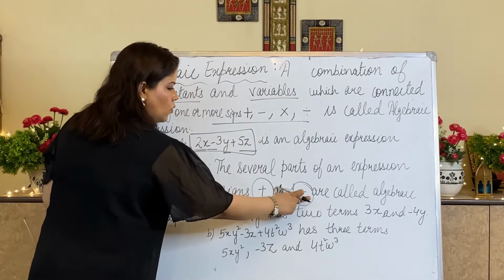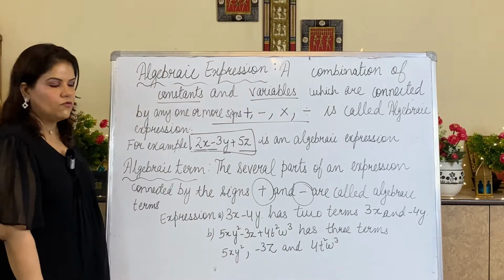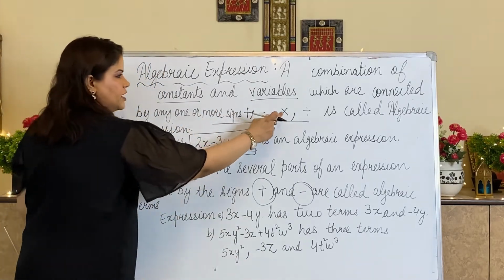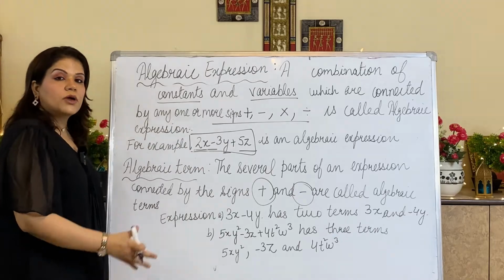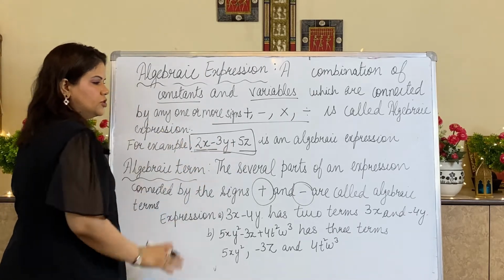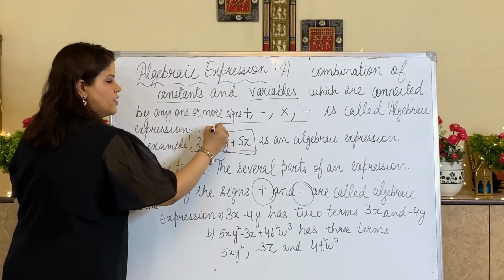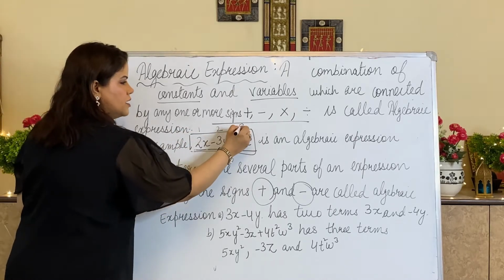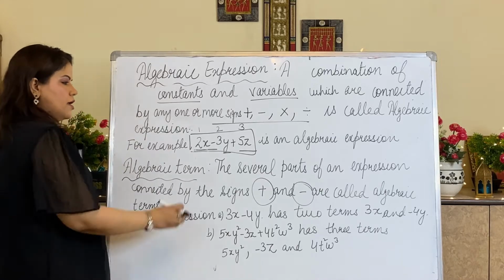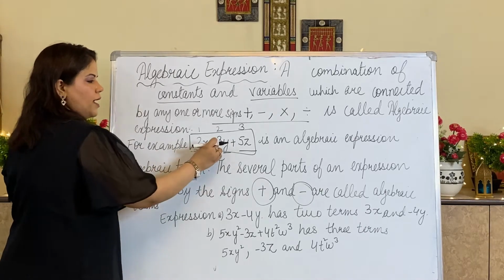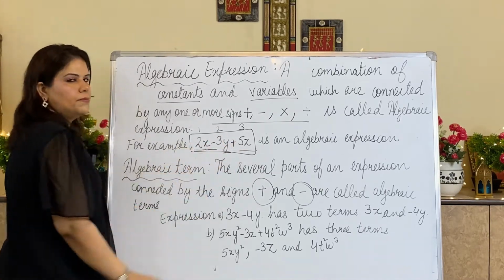Why am I taking only plus and minus sign? Why have I not taken multiplication and division sign? Because in this expression you can see that 2x is my first term, minus 3y is my second term, 5z is my third term. They all are connected by either minus or plus sign.